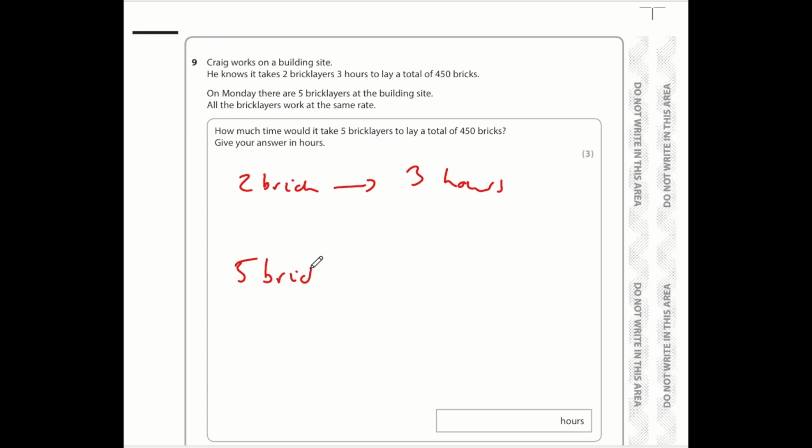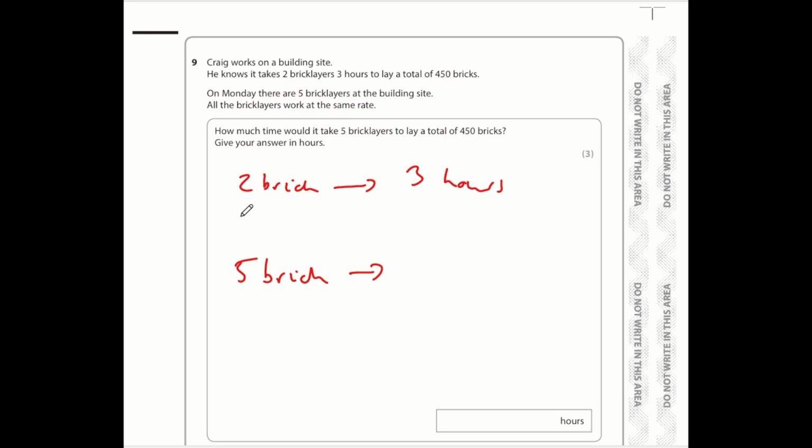So if we've got more bricklayers, as I said, it's going to take less time. Now if it was 4 bricklayers, that would be double the number of bricklayers, so it would take half the time. But how do we get from 2 to 5? Going from 2 to 4 was easy because you double it. So double the 2, half the 3.